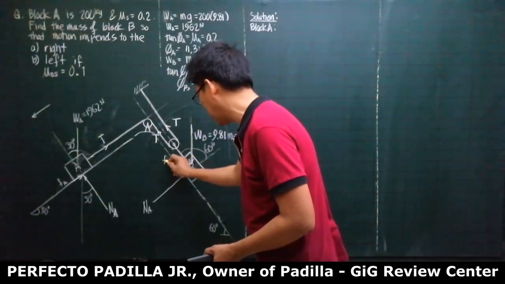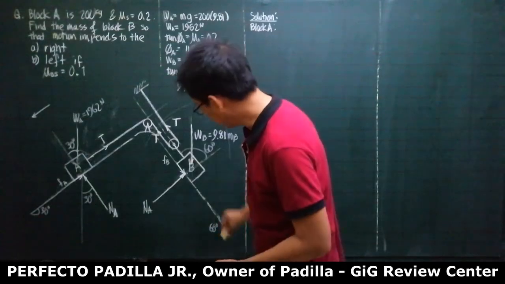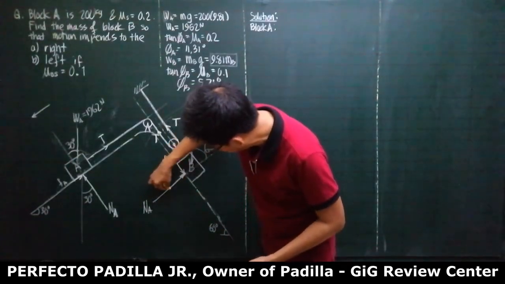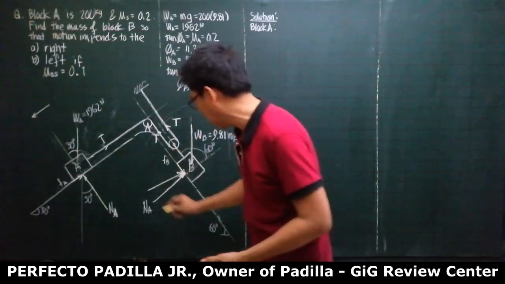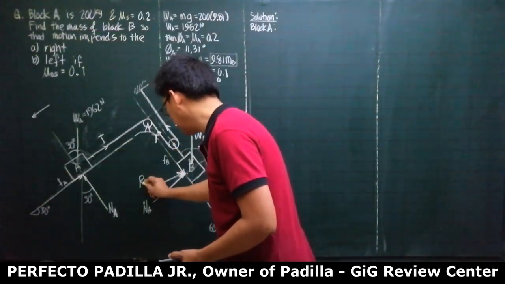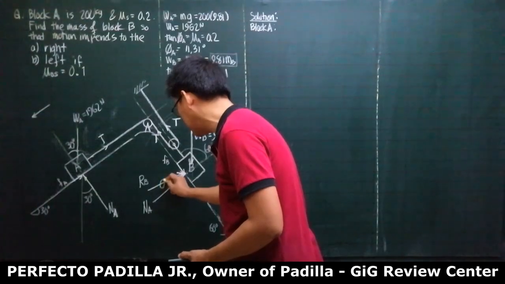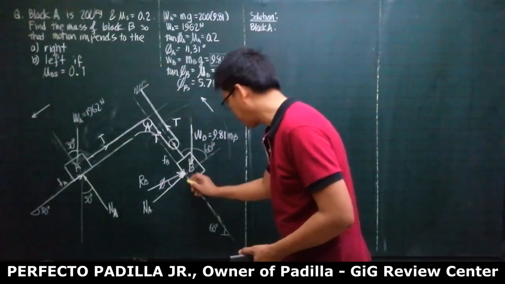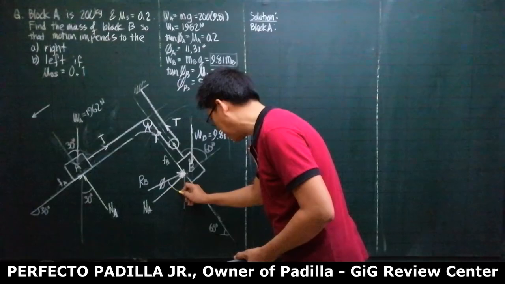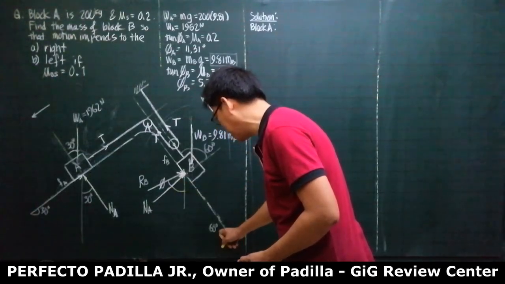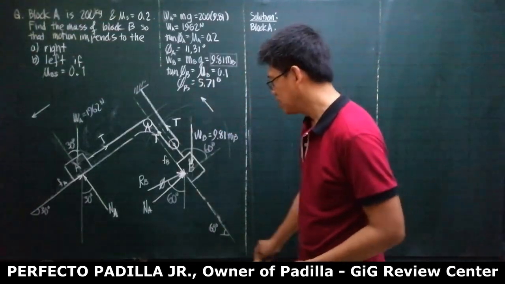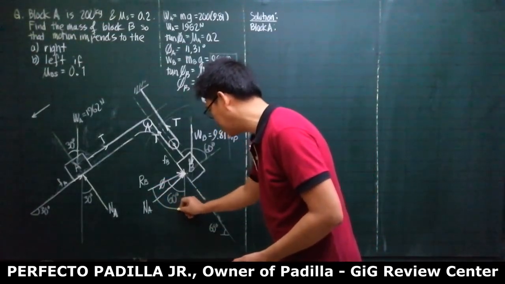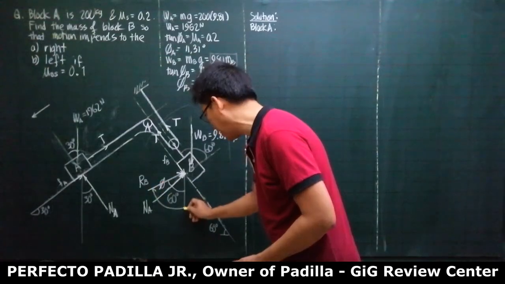This is the friction at B. It means that our R between this and this is going to be our RB, and the angle between them is the phi. So from the vertical to normal, this is the same as this angle of the incline. This is 60 degrees. So RA makes an angle of 60 plus phi.